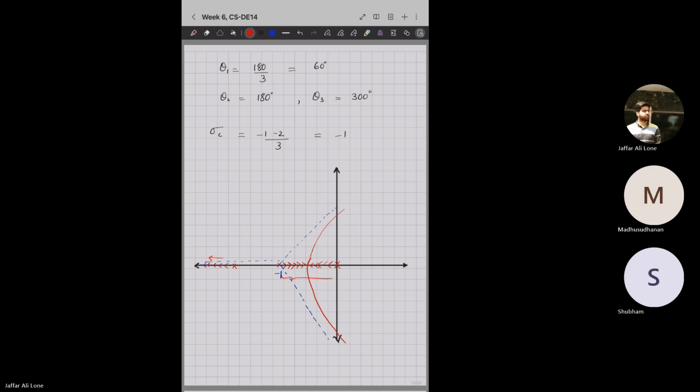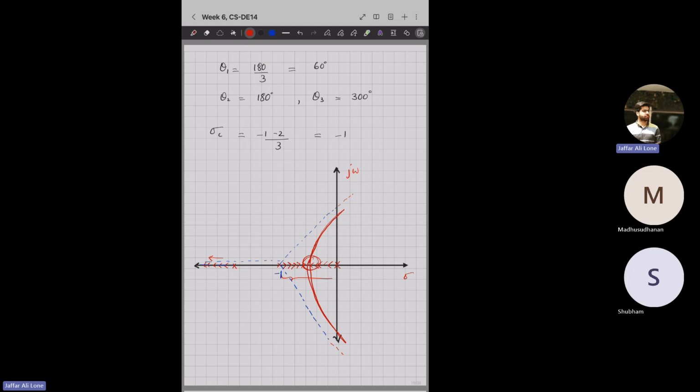Okay. Via these asymptotes. Okay, so j omega, this is sigma. Now see, can we find this break point? Now what is happening? The branches are breaking away from each other.